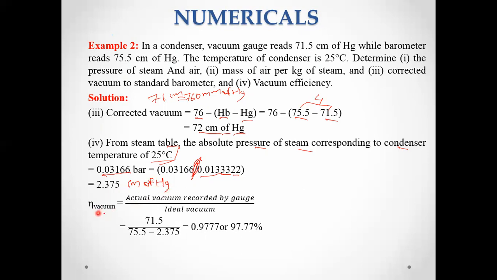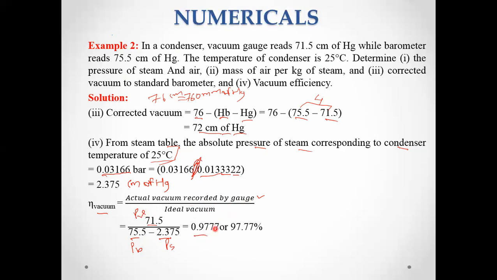Then vacuum efficiency will be equal to what? Actual vacuum recorded by the gauge, it is given as 71.5 in the statement, divided by barometric gauge reading minus the pressure of steam. This is PS, pressure of steam, and this is PB. 71.5 means this will be PV.